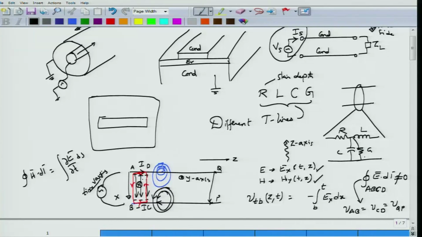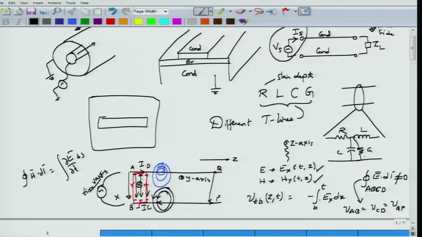Although we said that voltage and currents are waves, we never specified what kind of waves they are. They are of course scalar waves, because you are integrating and taking out the vector dependence, but the point is that electric and magnetic fields form a plane wave which then induces a voltage and current.